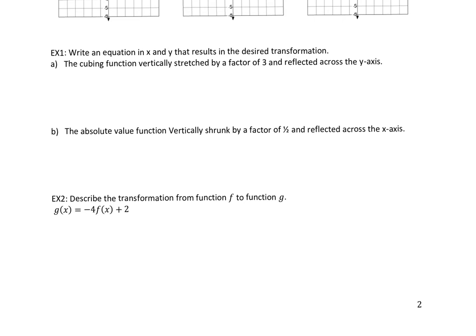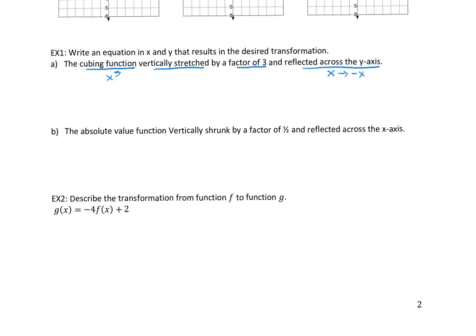So let's say we have a cubing function in part A. So the cubing function would be x to the third. We're going to vertically stretch this function by a factor of 3, but we're also going to reflect it across the y-axis. So if it reflects across the y-axis, then it's actually your x's are going from positive to negative and negative to positive.